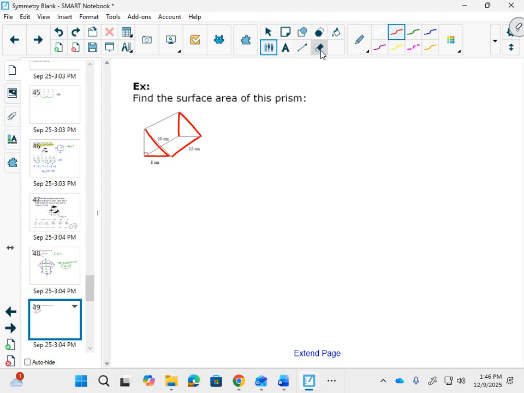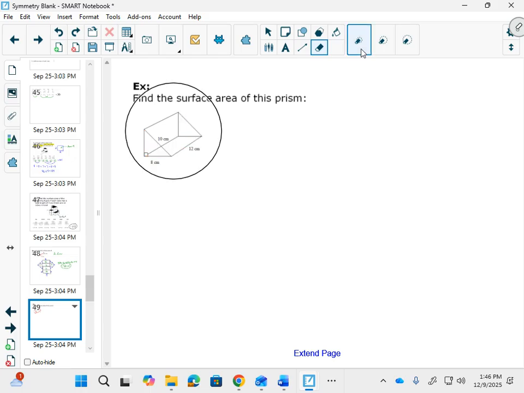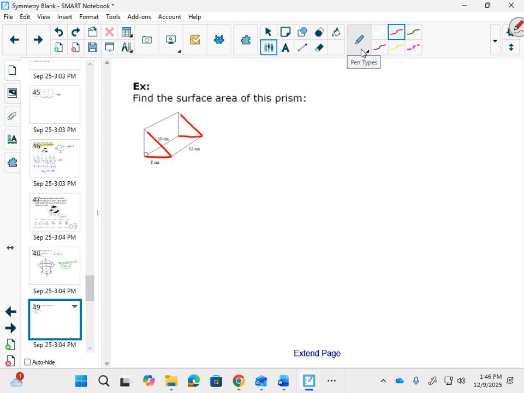Take my eraser out. That eraser was a little bigger than I wanted. I'm going to cut here, here, and here, and here. I'm going to cut along those red lines, and I'm going to open it up and lay it flat.